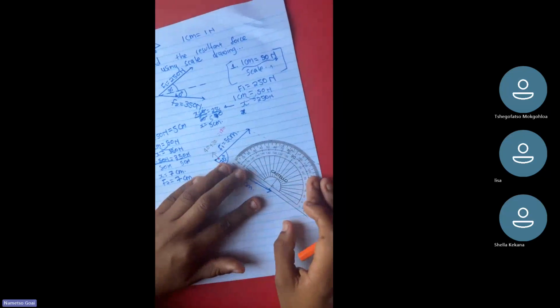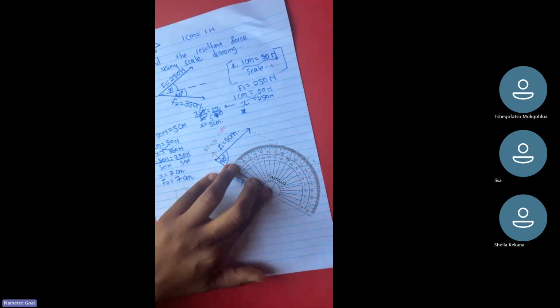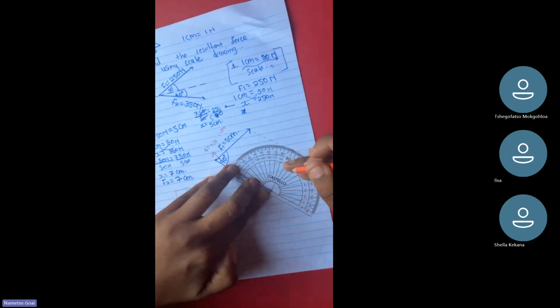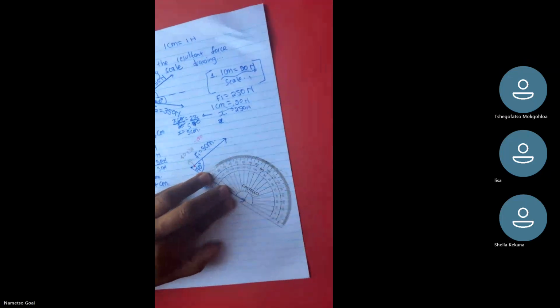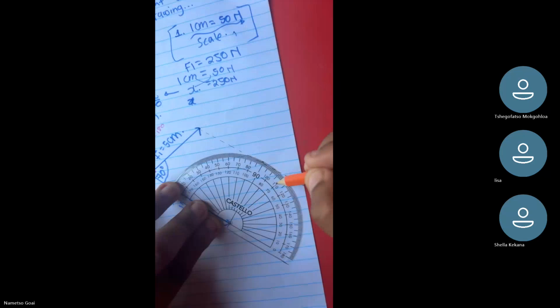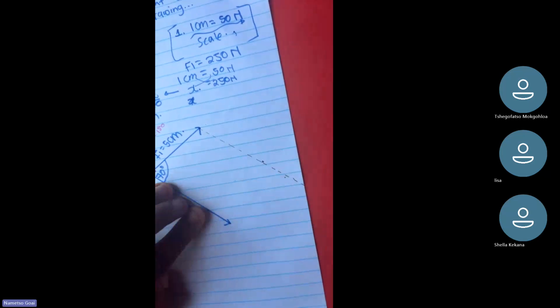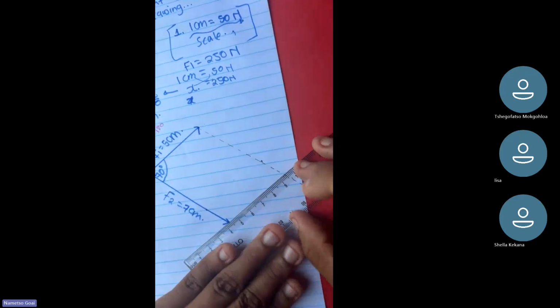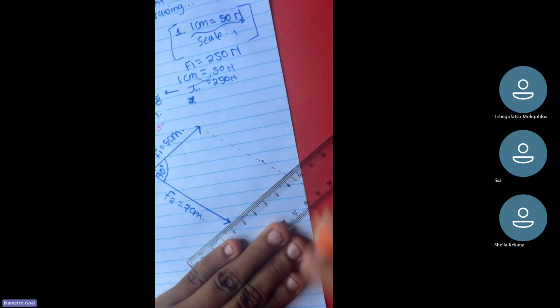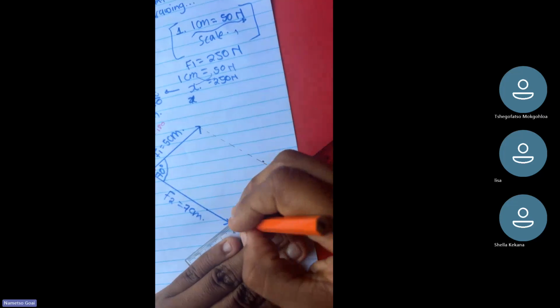So over here, you place your protector at the end of it. Your 110, when you look at this, would be somewhere over here, right? So then you'd have to connect the end of this F2 with this dotted line. So it would go that way.